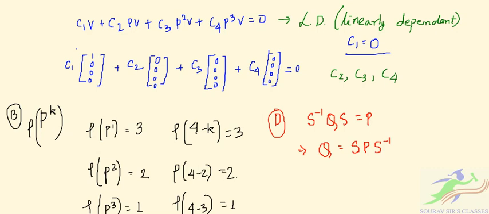So now if S is a 4 by 4 non-singular matrix, say the identity matrix, the S inverse will also be a 4 by 4 identity matrix, right? So in this case, we can write in the same way that if P to the power 3 is not equal to 0 and P to the power 4 is equal to 0, similarly Q to the power 3 is not equal to 0 and Q to the power 4 is equal to 0.